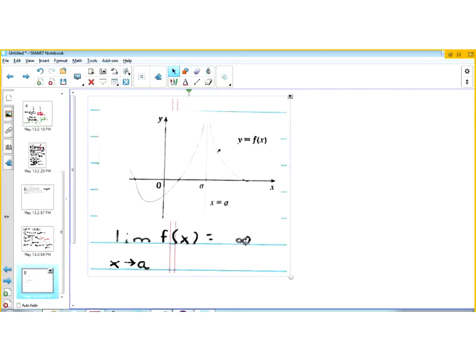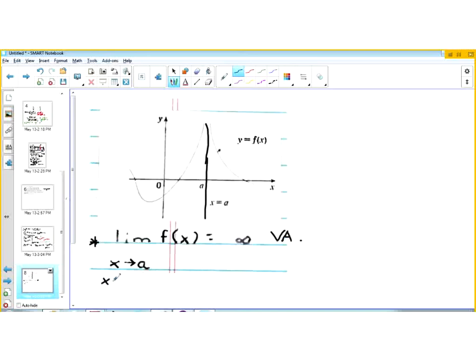In order for this limit to hold, we need basically a vertical asymptote right here. So x equals a is a vertical asymptote. And so this statement right here is the definition of a vertical asymptote.